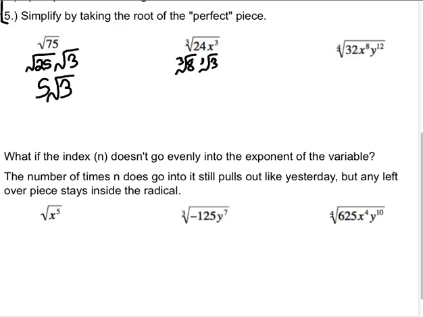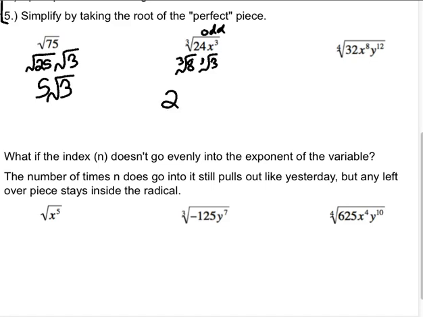Now, something you do want to know, because we do have a variable in this one, is that this is an odd index, so we don't have to worry about absolute values. Remember, that's always in the back of our minds when we're dealing with variables. And now, of course, I know what the cube root of 8 is. My chart told me that the cube root of 8 is 2.